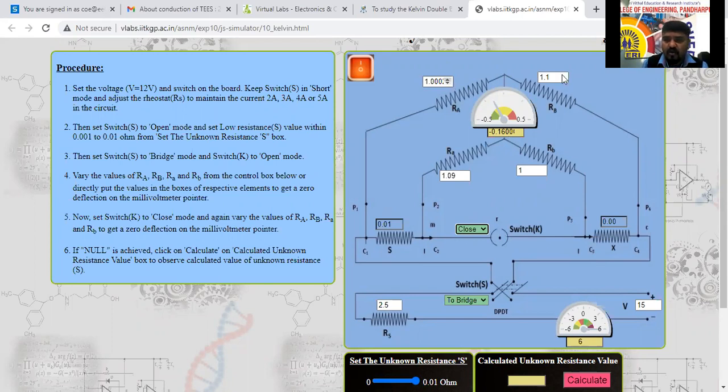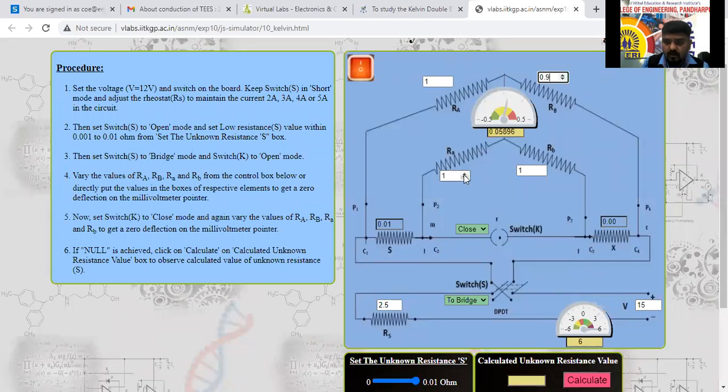Now we have to bring the bridge into balanced condition here. Again, it is 1. So I have to decrease this one here now. 1.1, 0.9.